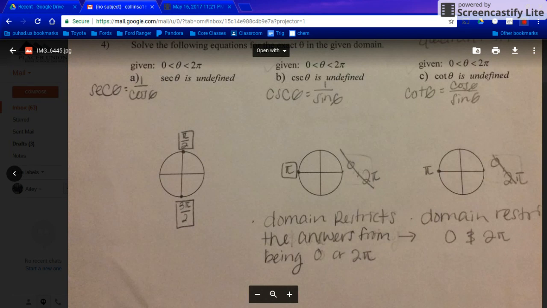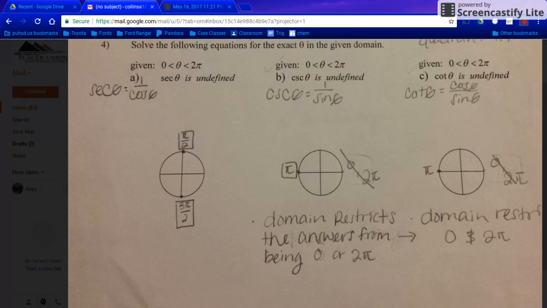And lastly, we're only going to do one of these, and then you can do 4b and C by yourself. So 4a is where secant theta is undefined with the domain 0 is less than theta, which is less than 2 pi. And we know that secant theta is equal to 1 over cosine. And so secant is undefined where the denominator is 0.